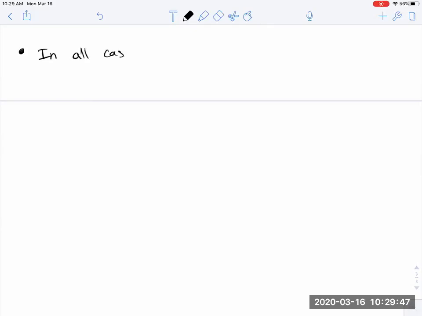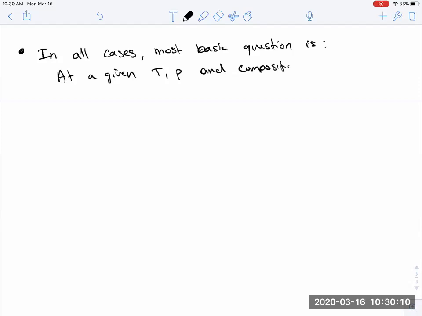Essentially, the most basic question we could ask is, at a given temperature, pressure, and say composition, as denoted by some mole fractions, the simplest question we might want to know the answer to is which phase is present.